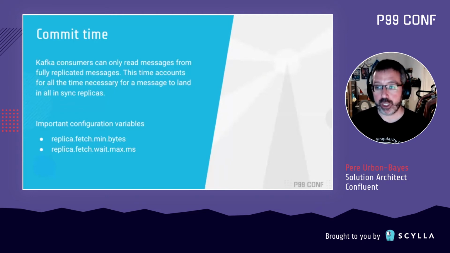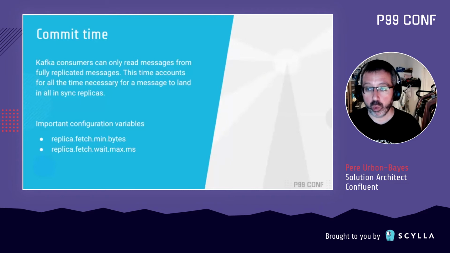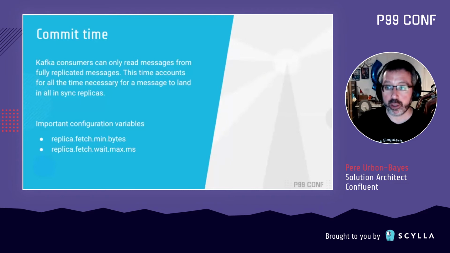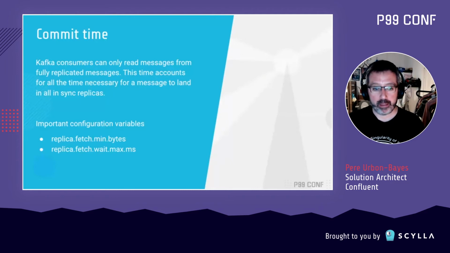However, if you notice lag and funny network behavior, you want to tune these two configuration variables, and they mean the minimum number of bytes before doing a replication and the maximum time it will wait before doing a request for replication.